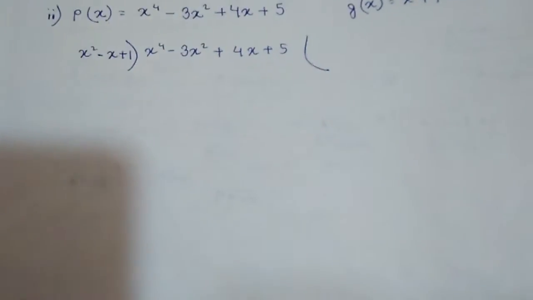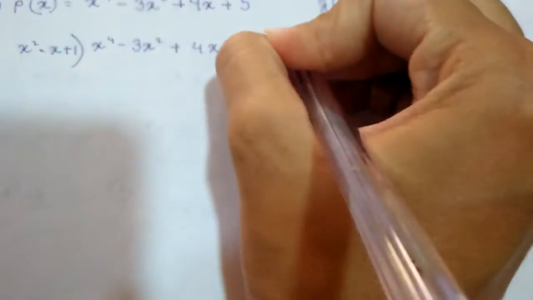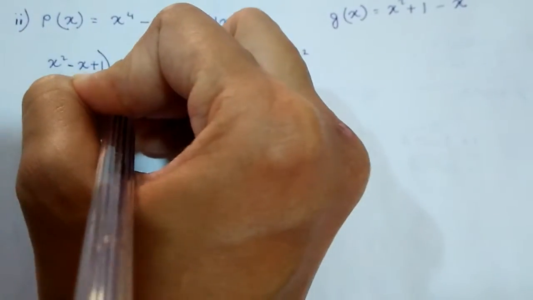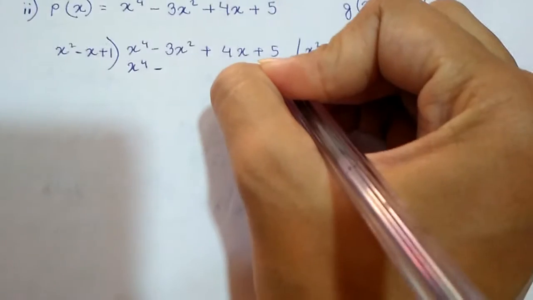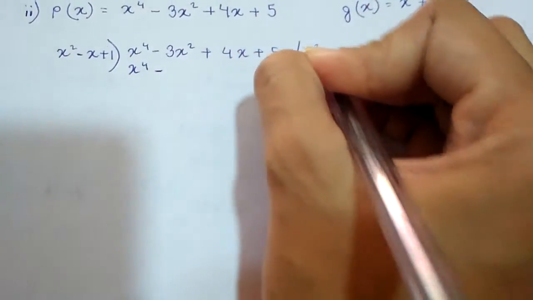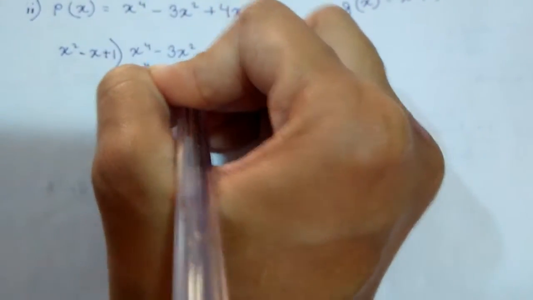You have to multiply it with x square. x square into x square became x to the power 4. x square into x became x cube. Here is no x cube, so we have to write it separately. We will write minus x cube here and 1 plus 1 into x square is plus x square.